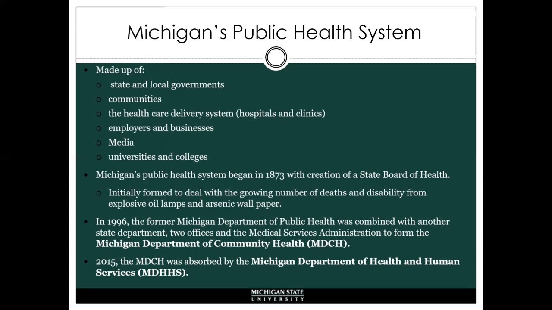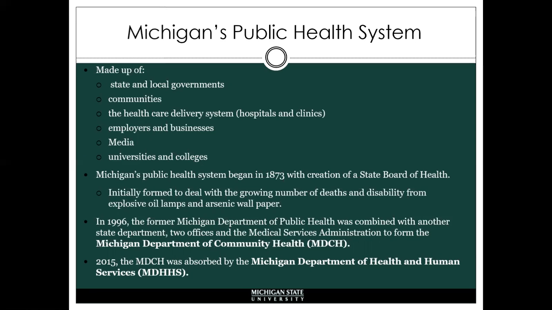Interestingly, our public health system in Michigan began in 1873 with the State Board of Health. It was created initially because explosive oil lamps were catching flammable arsenic wallpaper on fire, and that was causing a lot of death and disability. Right around that time, most other states were creating a Board of Health as well because of tuberculosis and cholera and other contagious diseases.